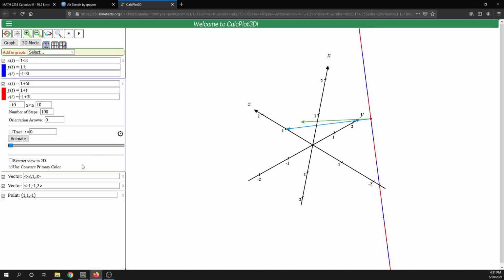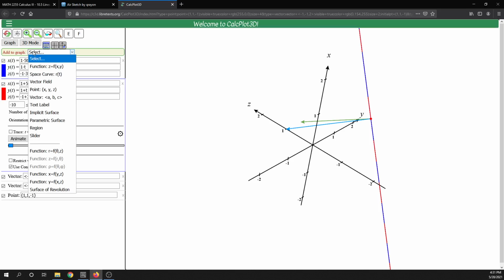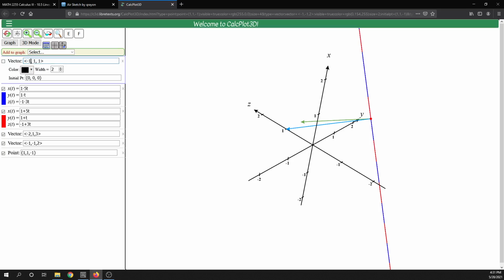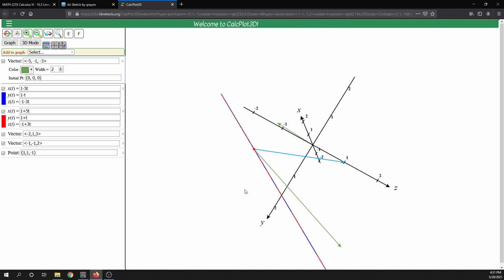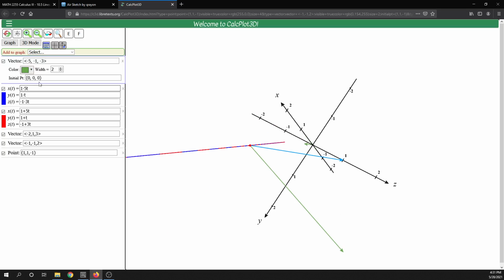If we want to look at the cross product, the cross product that I got was (-5, -1, -3), I believe it was. Let's color that orange.